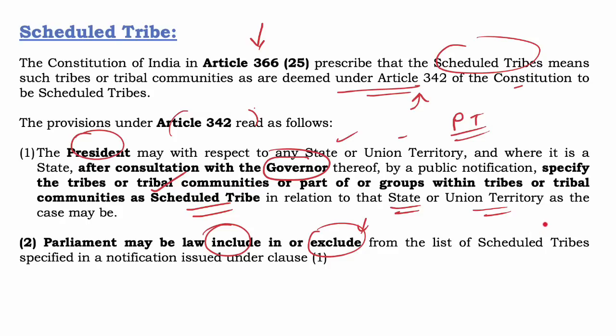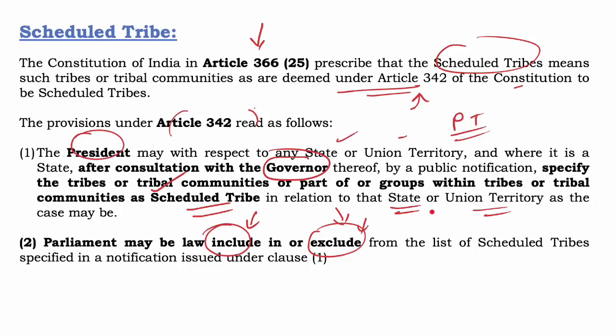So Article 342 gives power to the President in consultation with the governor, but clause 2 of Article 342 also gives the power to the Parliament to determine by law the inclusion or exclusion from the list of scheduled tribes. Now we have seen the constitutional provision regarding the scheduled tribe.